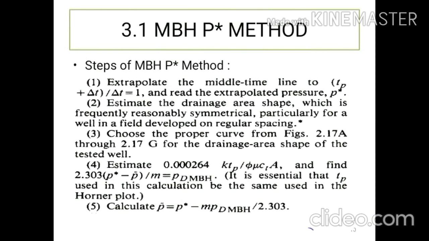Then extrapolate the middle time line to (tp+Δt)/Δt equal to 1. The second step is to estimate the drainage area shape, then choose the proper curve and estimate p-star. Let's take the advantage and disadvantage of this method.